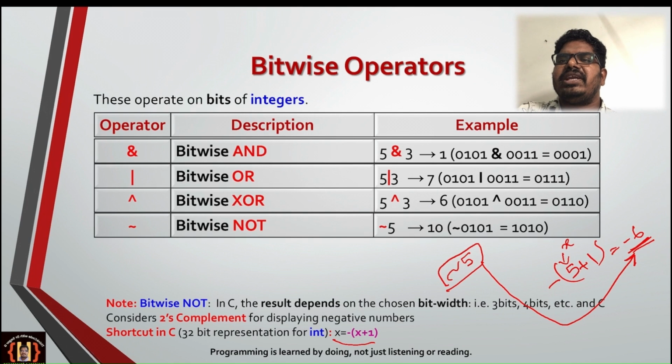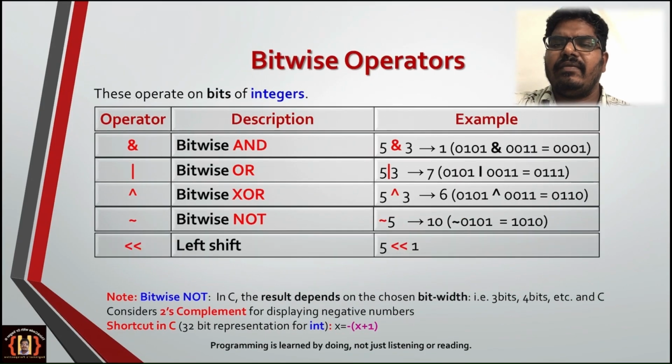The actual meaning here is bit flipping, negating the bit, so instead of 0 it becomes 1, instead of 1 it becomes 0. While doing that, C language uses the concept called 2's complement. If you run this in a C program, the output you are going to get is minus 6. You have to remember that very carefully.